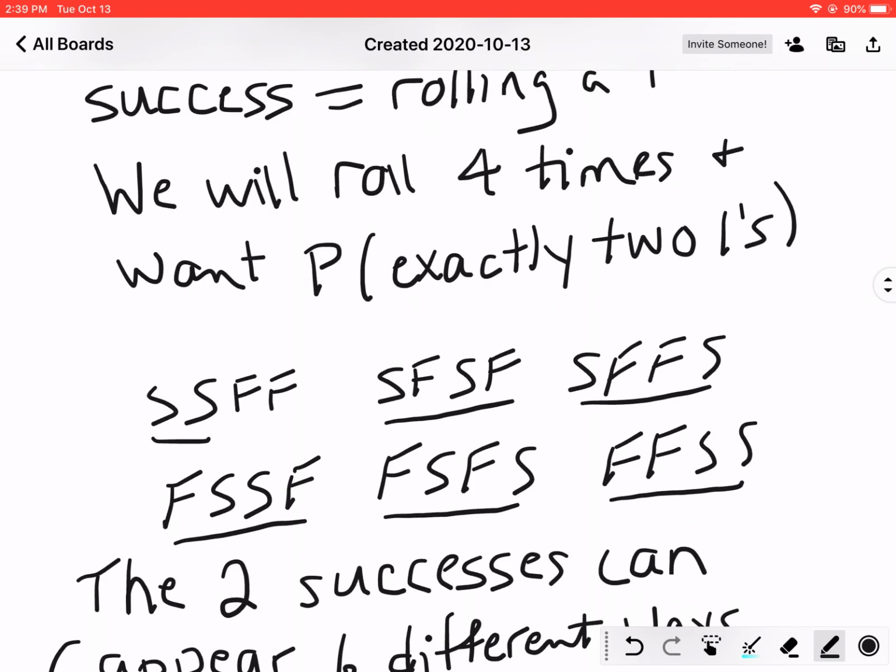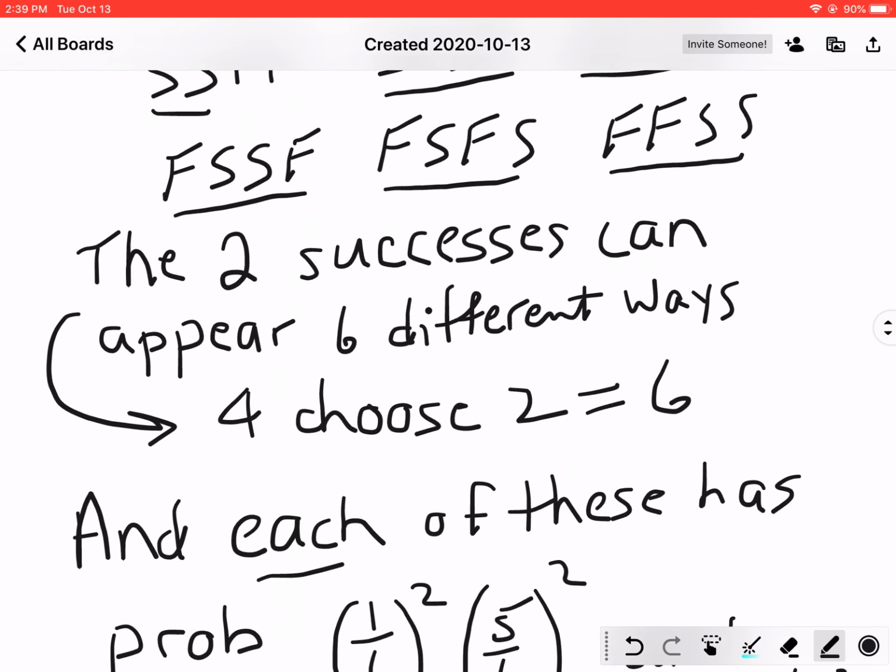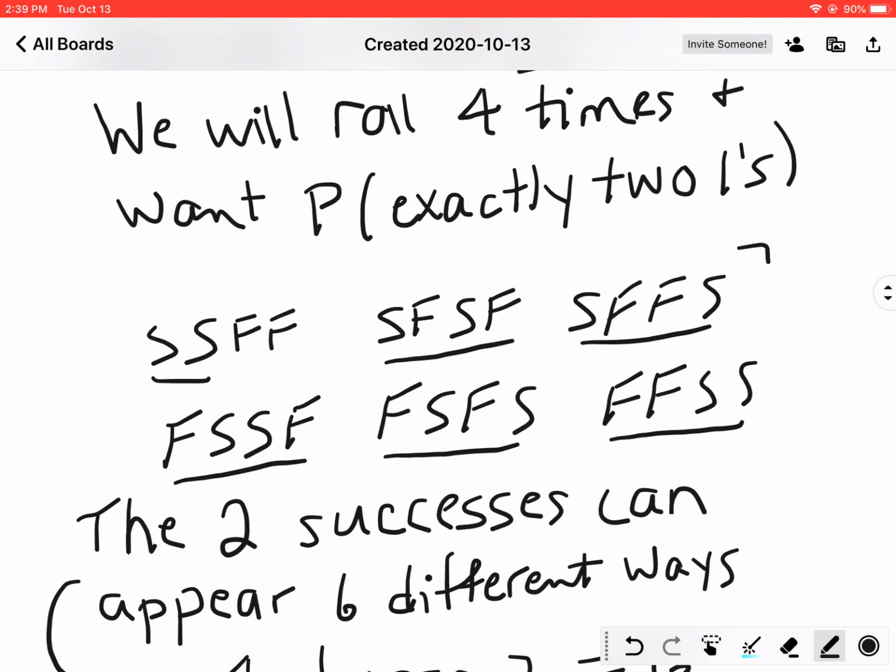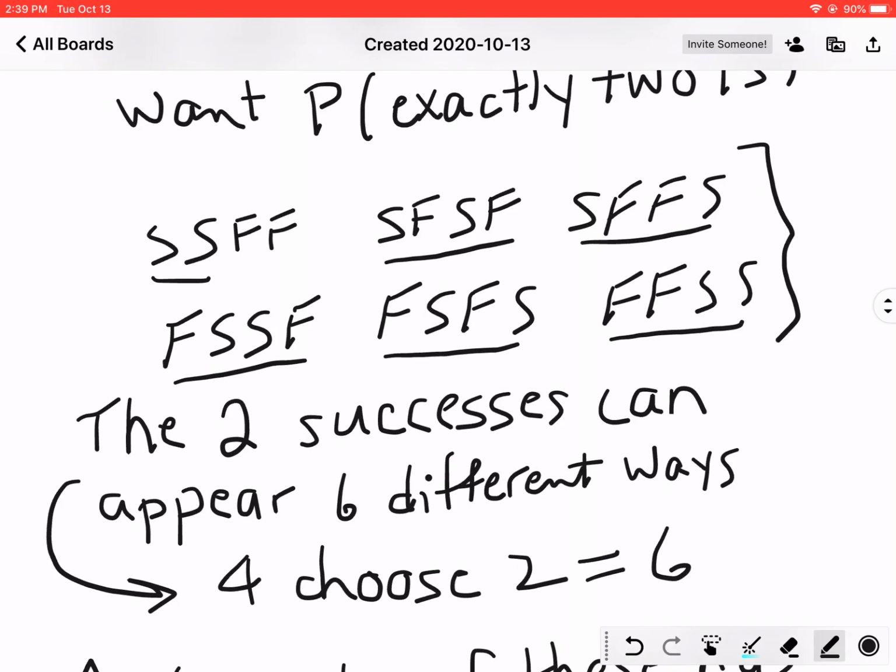So there are 6 ways of having the 2 successes be arranged among these 4 things. And that's where this concept of 4 choose 2 comes from. And 4 choose 2 is 6 because there are 6 ways of doing that. There are 6 ways of these 2 successes appearing in a group of 4.